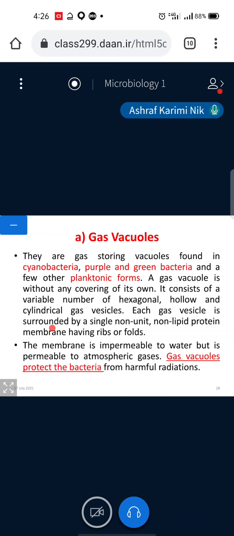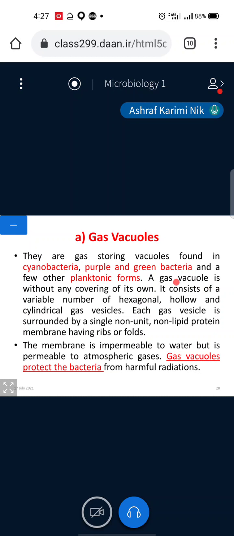Non-oxygenic photosynthesis is related to some anaerobic bacteria, for example green sulfur bacteria or purple sulfur bacteria. These bacteria have gas vacuole. Thus, gas vacuoles are found in cyanobacteria, purple sulfur bacteria, green sulfur bacteria, and planktonic forms of organisms.